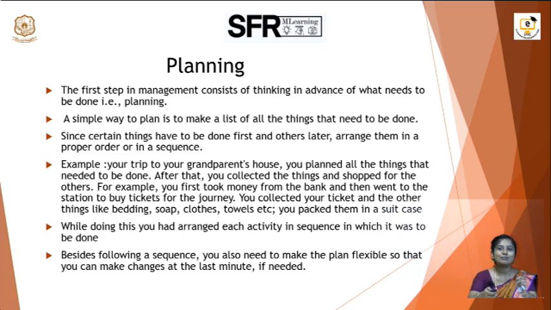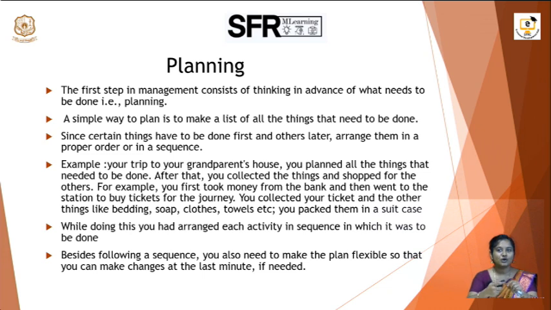It is like pre-planning, pre-preparing, listing out the things we are going to include in our plan, the things we want to include in our management process. Which things have to be done first, which things should be followed next. So, the hierarchical order of planning is done in this first step.